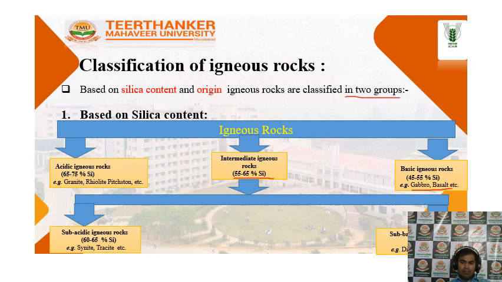The sub-acidic igneous rock contains about 60 to 70% silica, and examples are syenite, trachyte, etc. The sub-basic igneous rock contains about 55 to 60% silica.